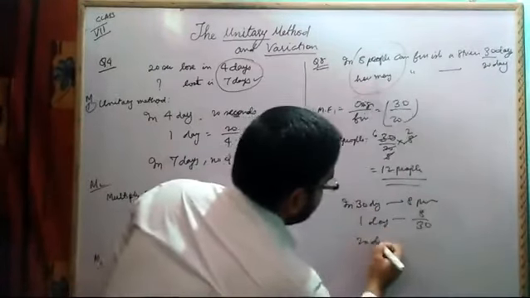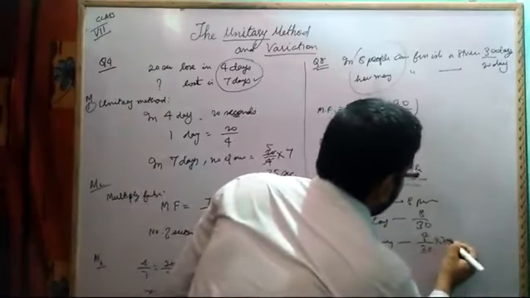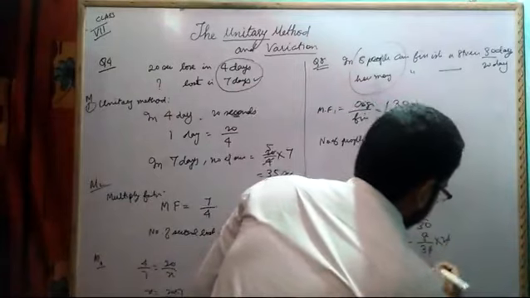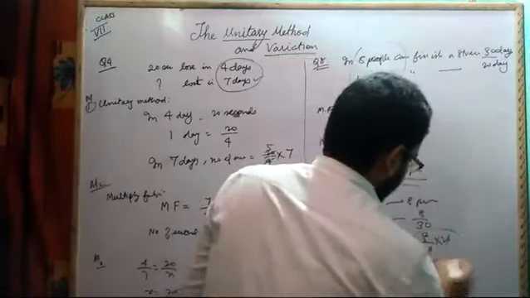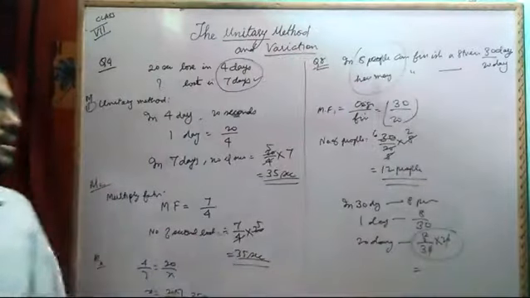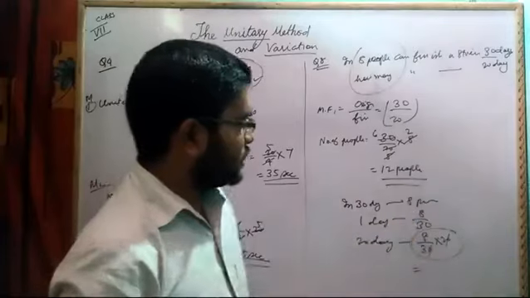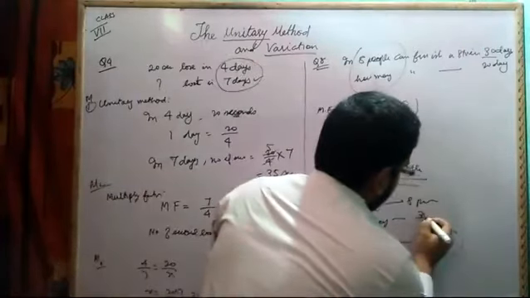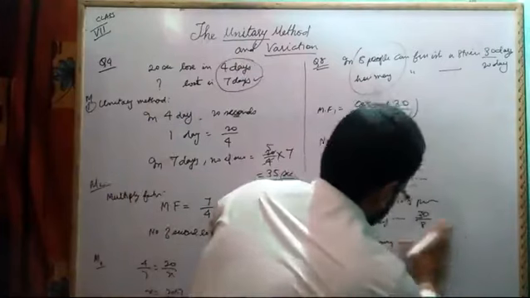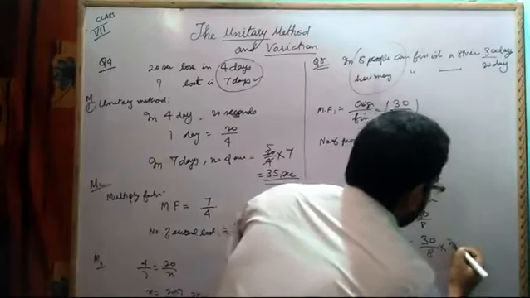So in 20 days, it will be 8 by 30 into 20. 16 by 3, why are we getting 16 by 3? We should get 12 here. So in 30 days we have 8 people in 1 day. It will be 8 by 30, 30 by 8 now. 30 by 8, so here 20 days will be 30 by 8 into 20.